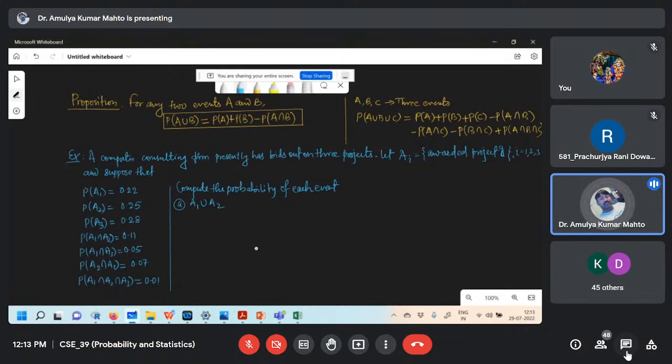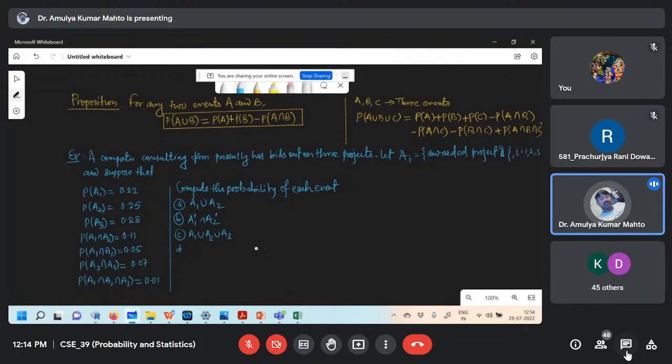Next is A1 complement intersection A2 complement. Then A1 union A2 union A3.